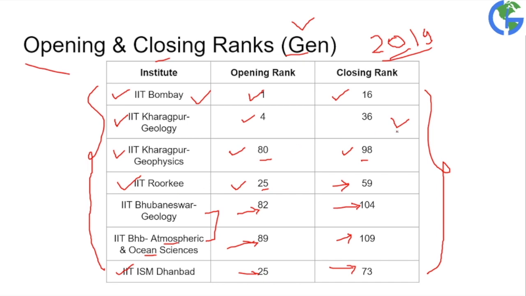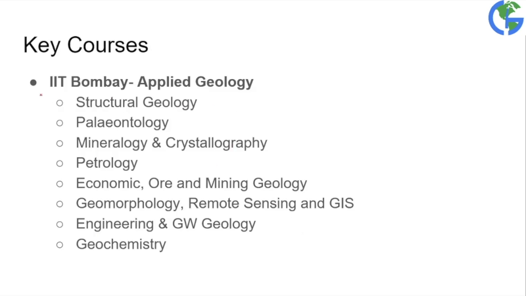For that I have come up with the courses of these respective institutes as well, so that you know about their course curriculum and choose accordingly, right? So for that, let's discuss IIT Bombay Applied Geology.